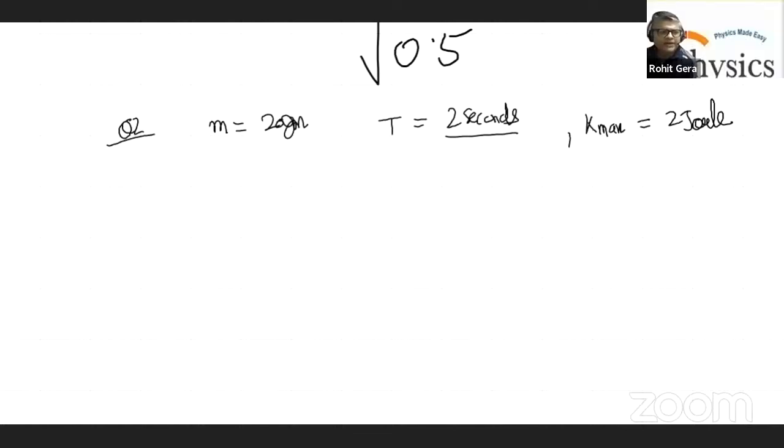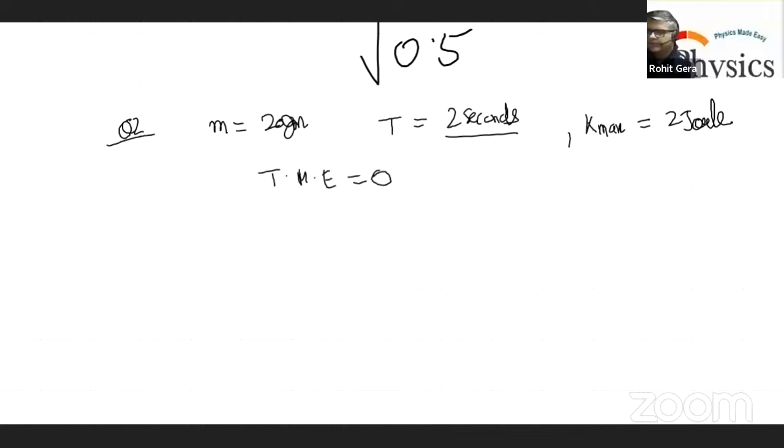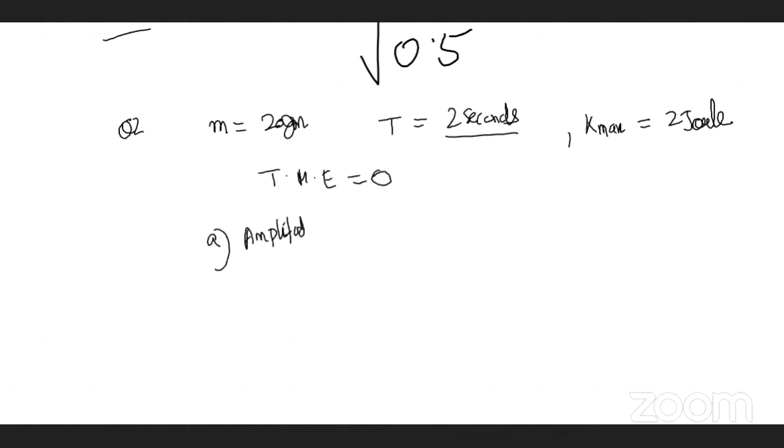The total mechanical energy of the body is 0. And find the amplitude of oscillation.